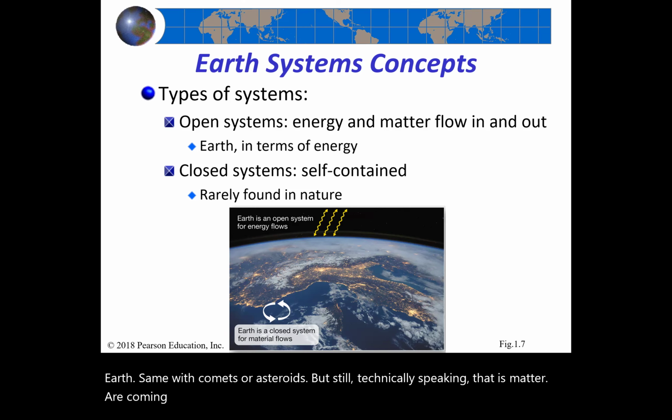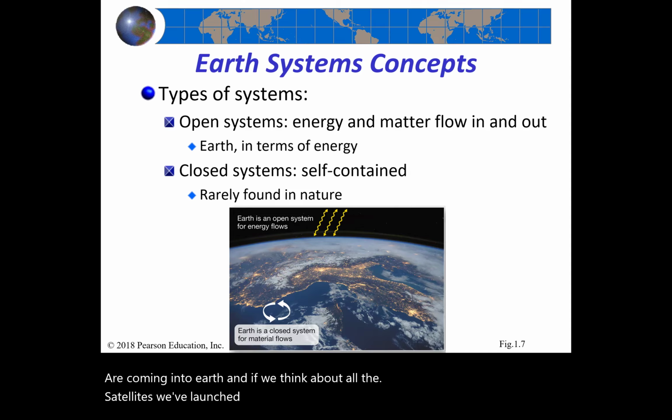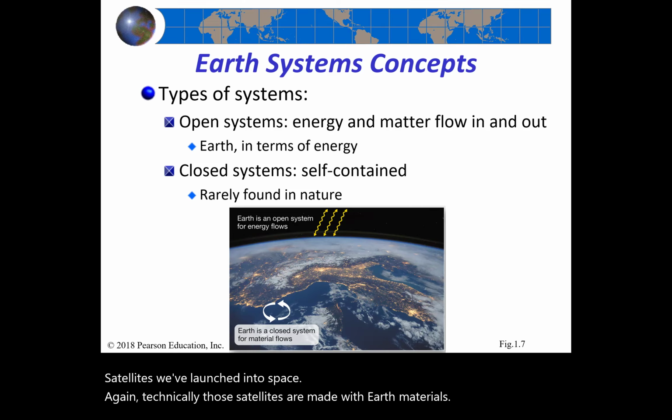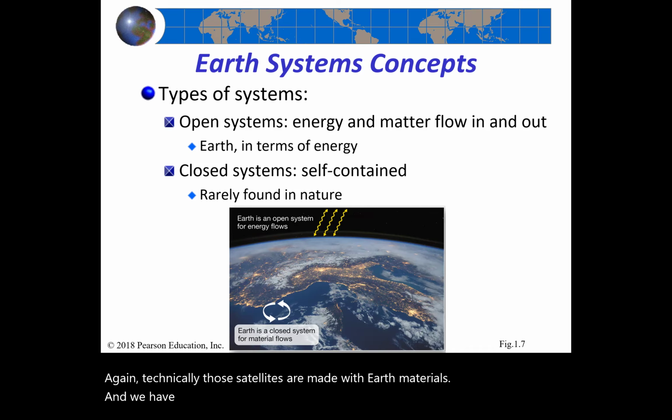And if we think about all the satellites we've launched into space, again, technically, those satellites are made with Earth materials, and we have launched them out into space. So, in terms of matter, we could quibble about specifics.